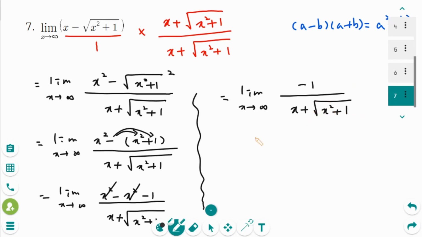So put infinity into x, minus 1 over infinity plus square root of infinity squared plus 1, which is infinity. So minus 1 over infinity, which is 0. This is the final answer.